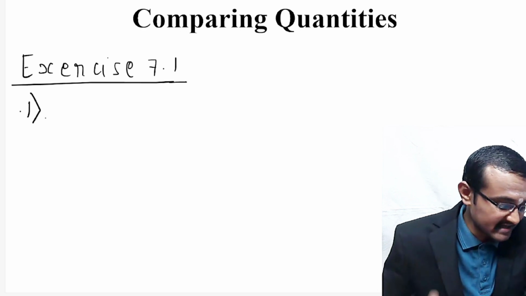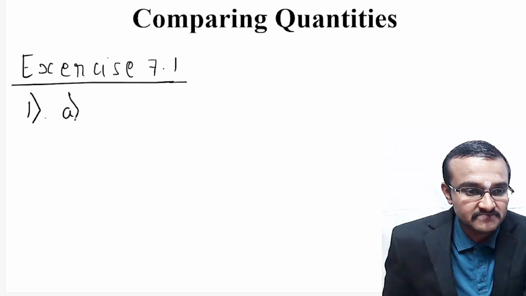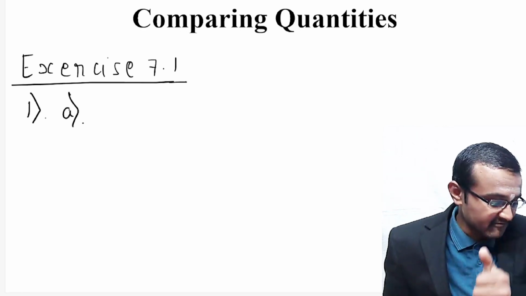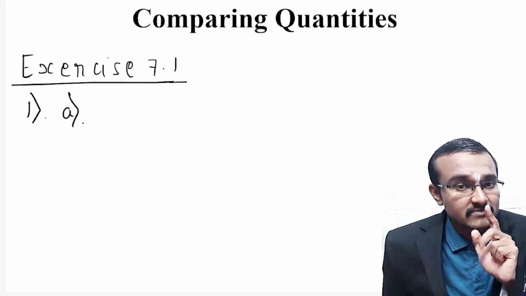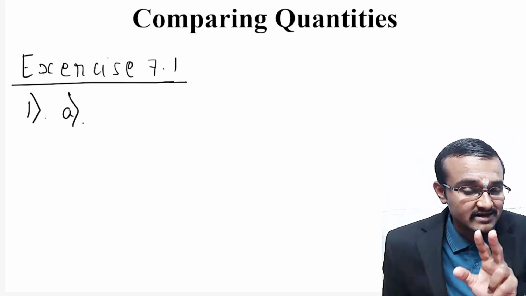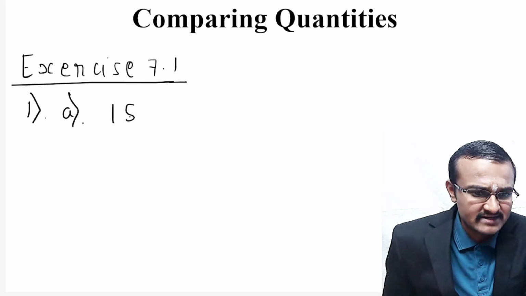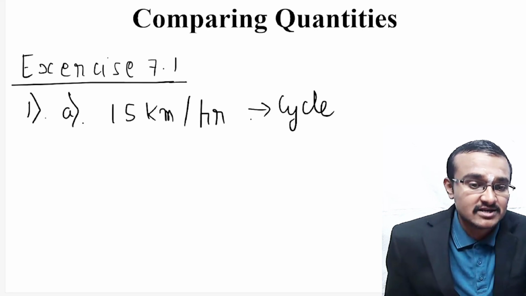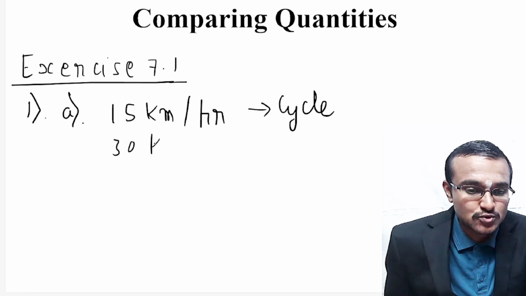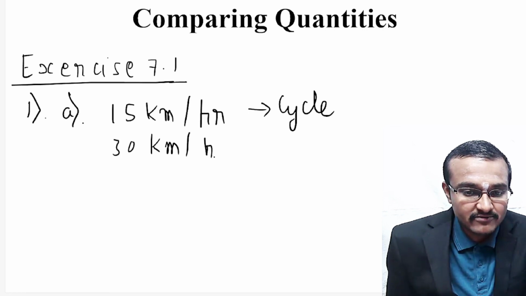Coming to part A, they have given the speed of a cycle per hour and the speed of a scooter per hour. Here they are mentioning 15 kilometer per hour is the speed of the cycle. So one quantity they have given. Which is the other quantity? The other quantity is the speed of the scooter, that is 30 kilometer per hour.